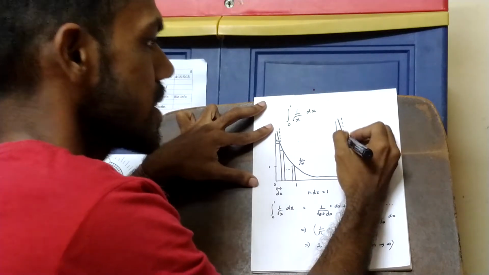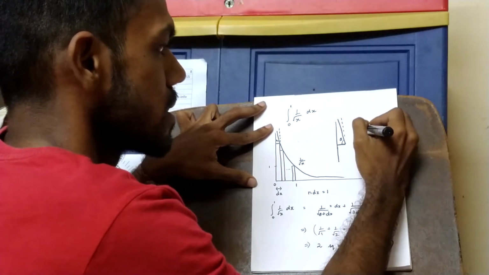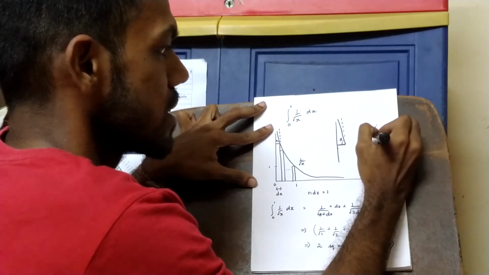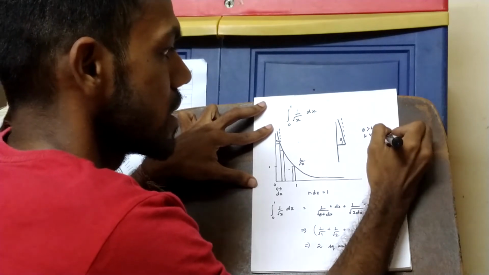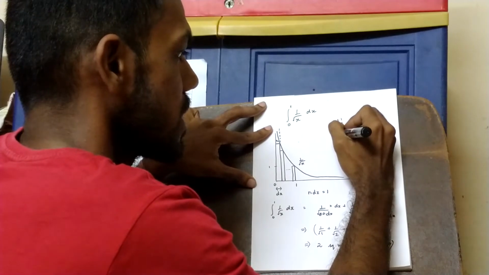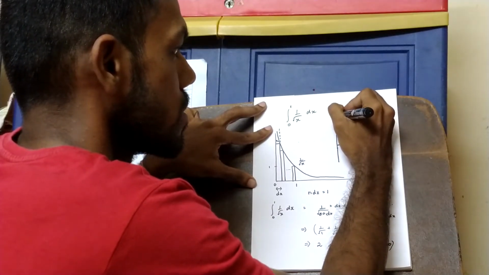The angle between the graph and this line, theta, is greater than 45 degrees and very near 90 degrees for the first strip. This implies area A1 and area A2.